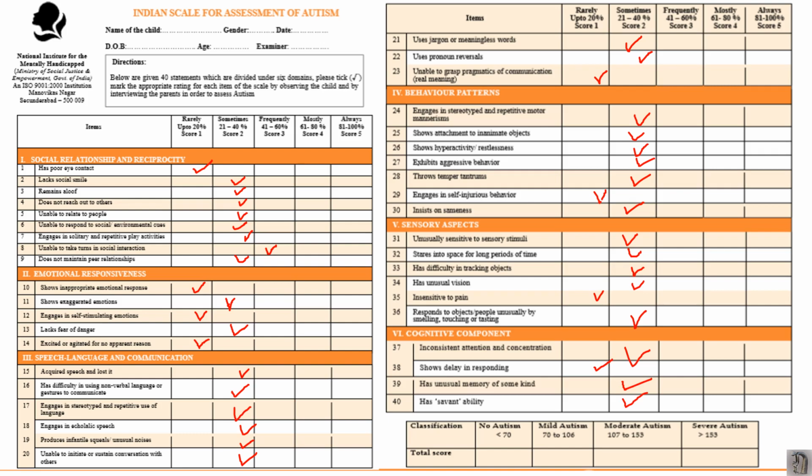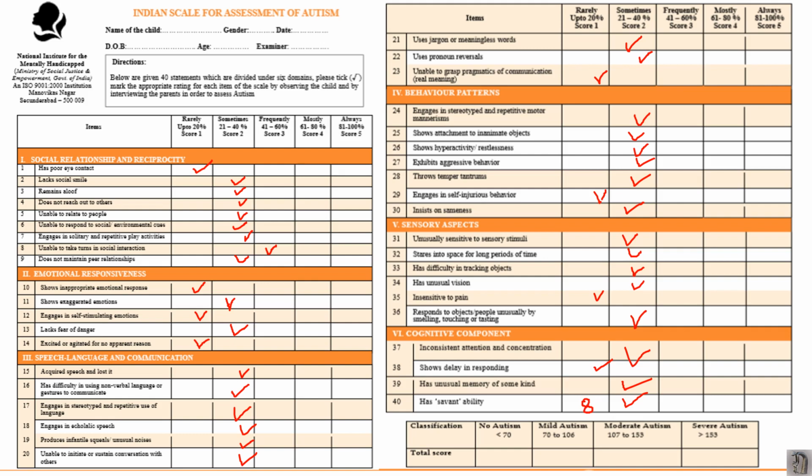Let us say I have check marked rarely. That means how many questions have I check marked? 1 2 3 4 5 6 7 8. That means 8 into 1, that means 8. In rarely, I have scored 8.